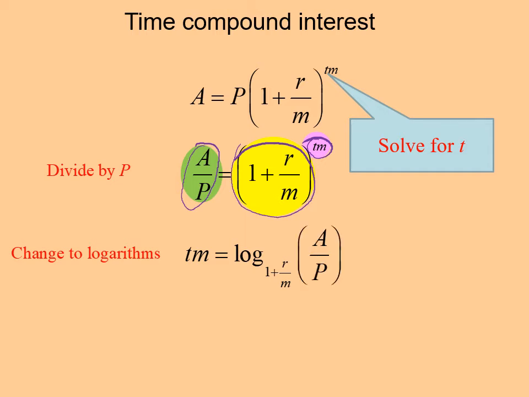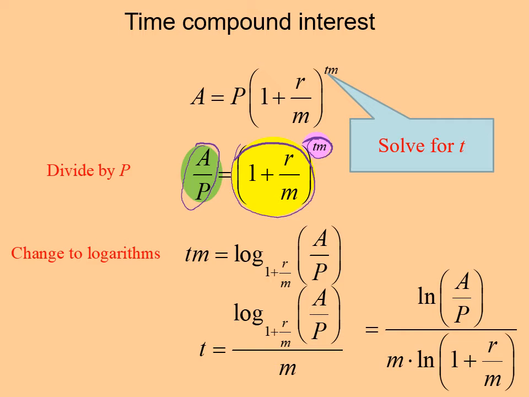Now we're almost there. We're trying to solve for the t. We just need to divide both sides by M. So that's what our formula looks like. Unfortunately, we're going to have to change this so that we can put it into our calculator. The log with a different base, we have to split into two ln's.